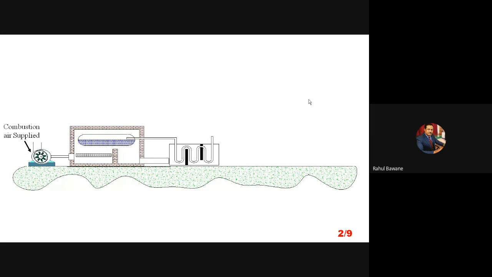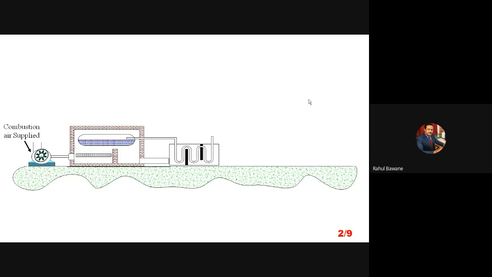Now imagine I am not using room temperature water, I am using preheated water, suppose at 50 degrees centigrade. I already preheat that water and then supply it to the boiler.